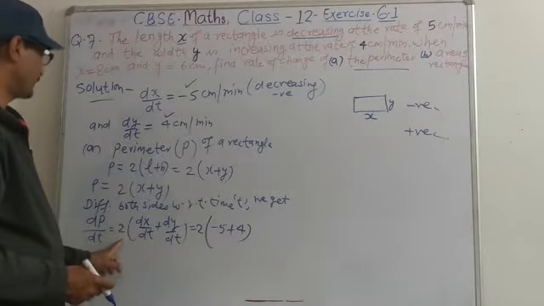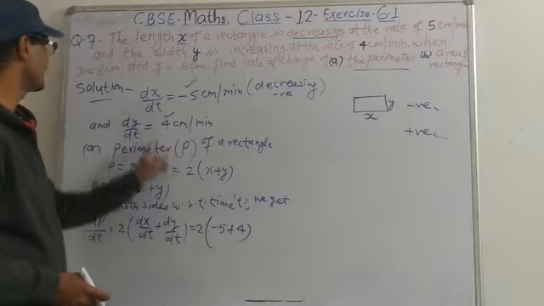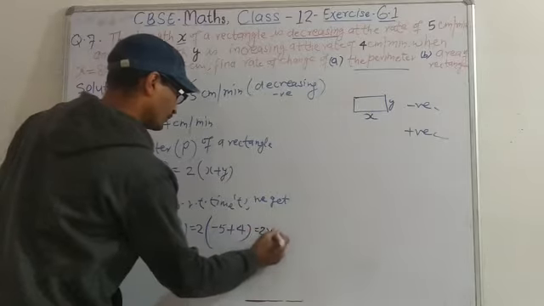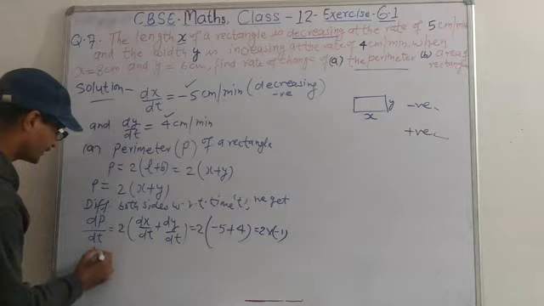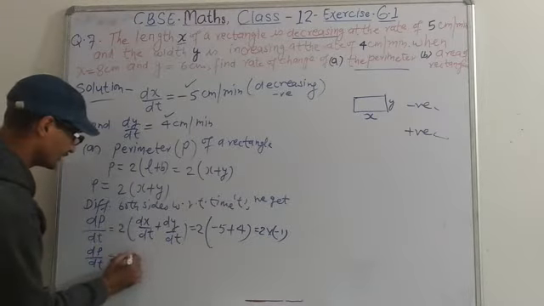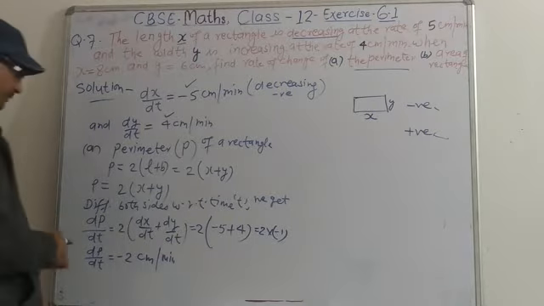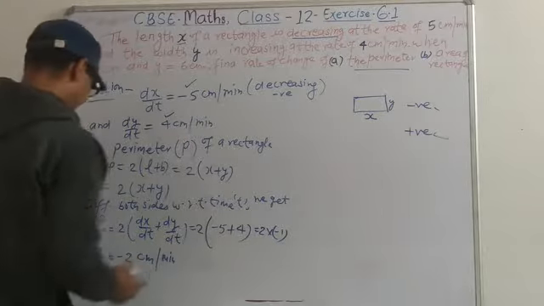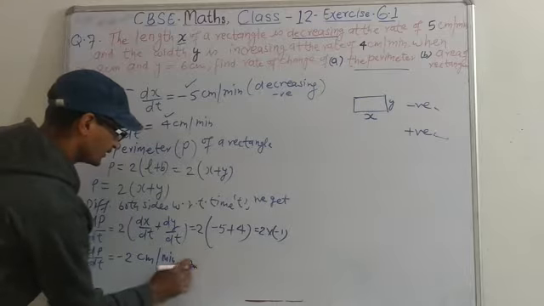Now see once again, dx by dt is minus 5 plus dy by dt is 4. After solving we get 2 into (minus 5 plus 4), minus 1, that means dP by dt is equal to minus 2 centimeter per minute. That means negative sign shows that rate of change is decreasing. So it is the answer.